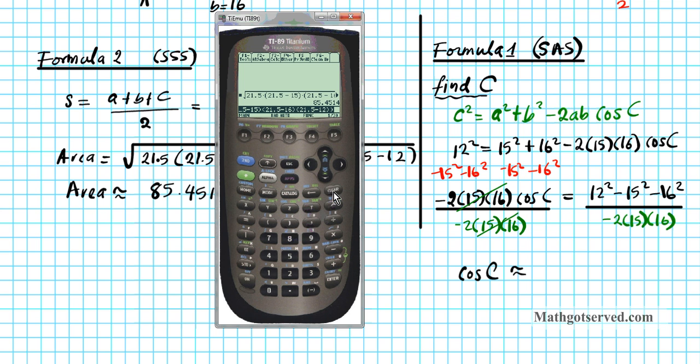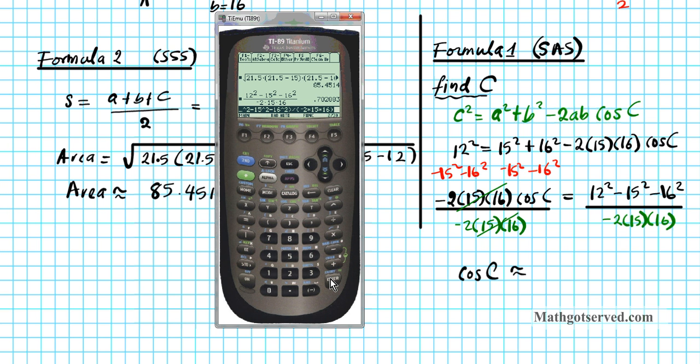We have 12 squared minus 15 squared minus 16 squared. Don't forget to group your numerator in parentheses. That entire expression divided by parentheses, negative 2 times 15 times 16. Close that. Enter.